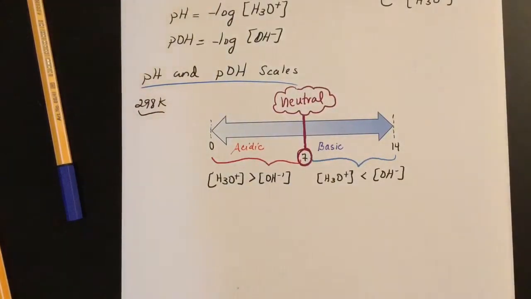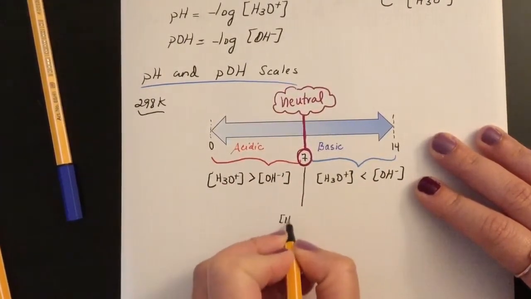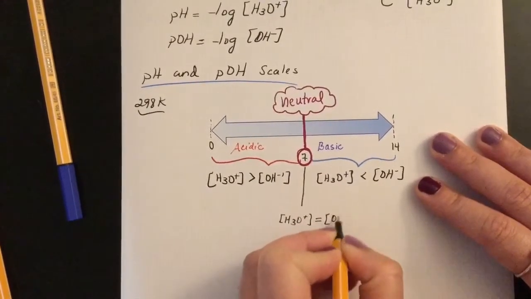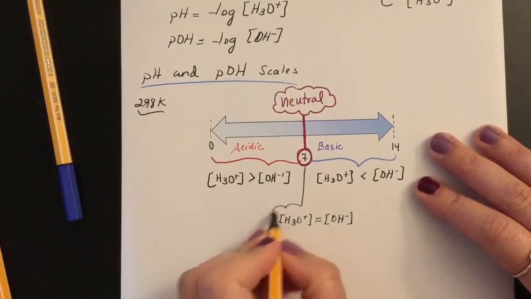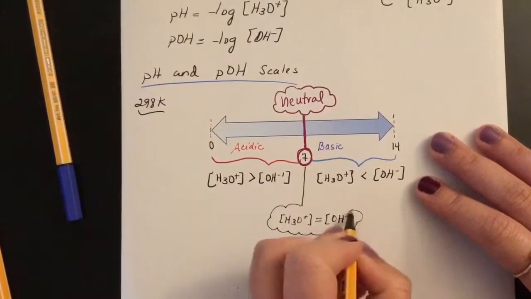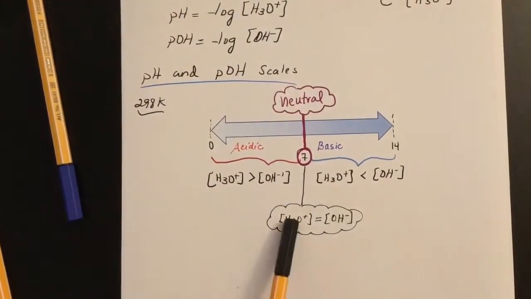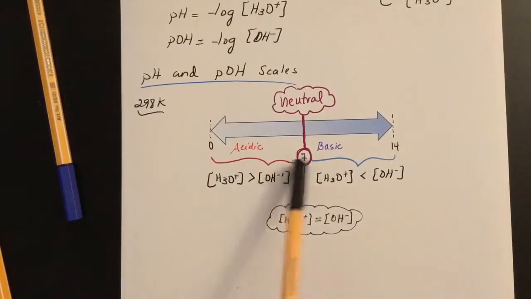When the pH is 7, that's what I just calculated. At pH 7, you have hydronium concentration equal to hydroxide concentration. 1 times 10 to the minus 7, 1 times 10 to the minus 7, pH equals 7.